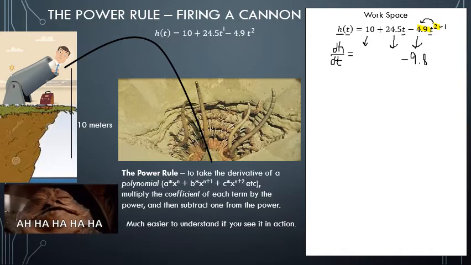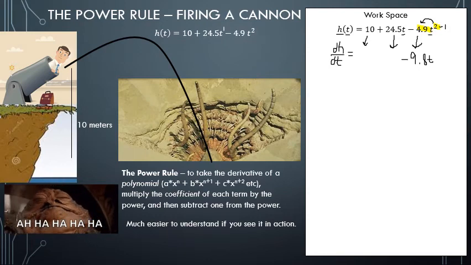And then we need to take care of the power. What do we do with the power? We subtract 1. So our power was originally 2, so we subtract 1, and we're left with t to the first, right? 2 minus 1 is just 1. So negative 4.9 t squared, we took the derivative of it to make that negative 9.8 times t.